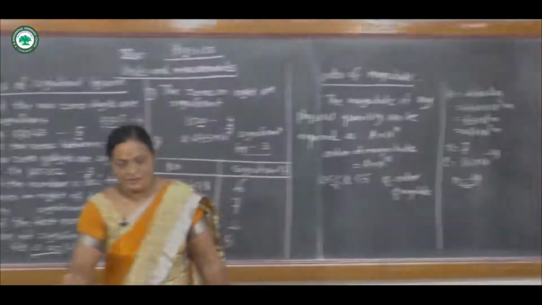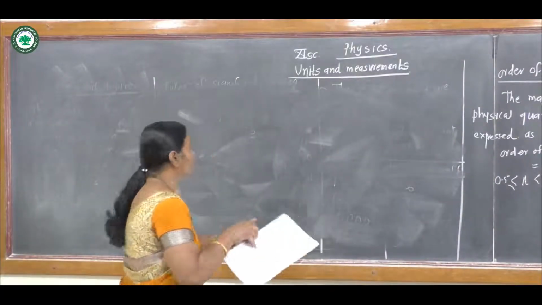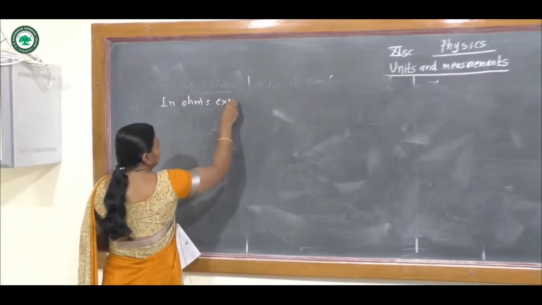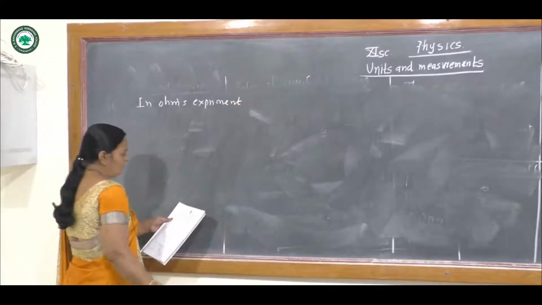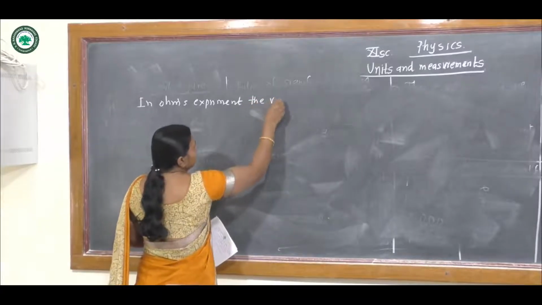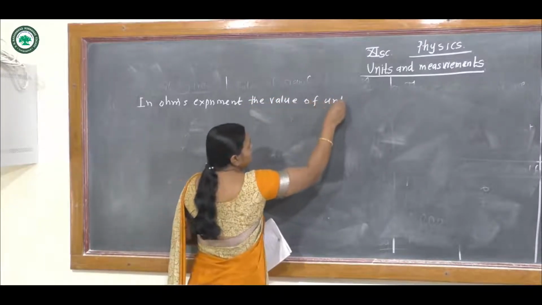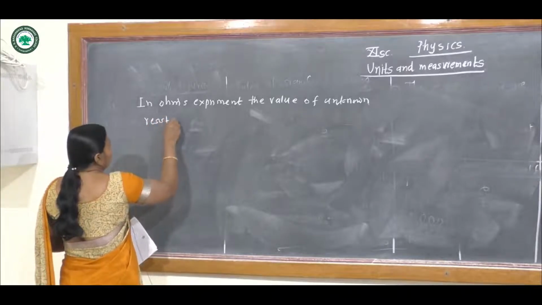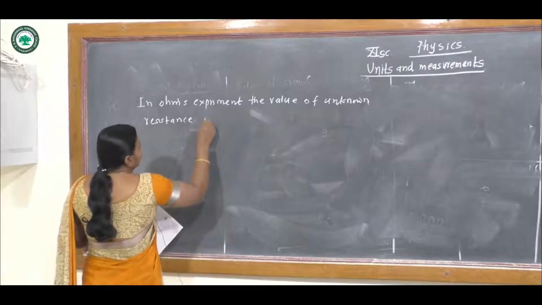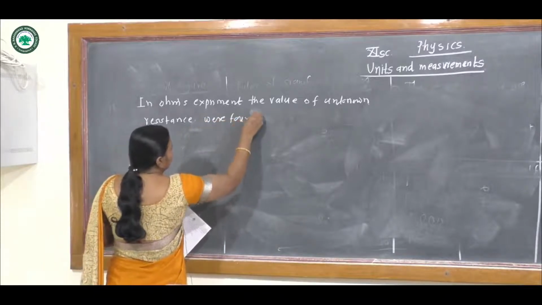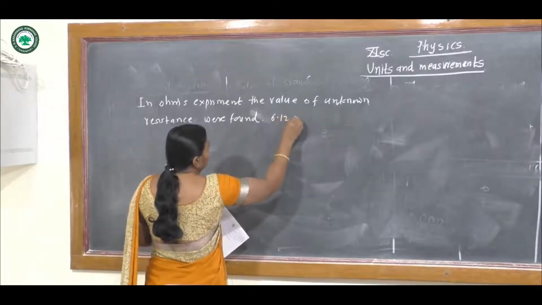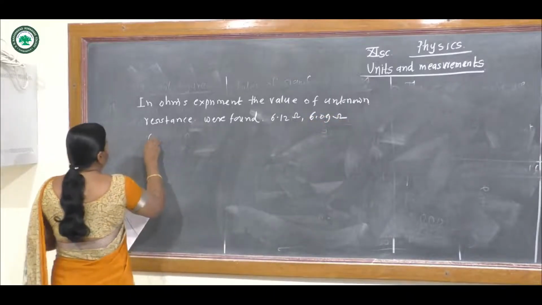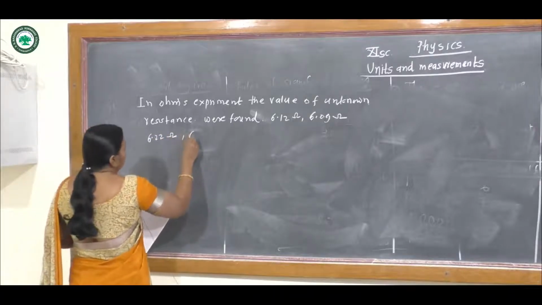We see some examples. In Ohm's experiment, the values of unknown resistance are 6.12 ohm, 6.09 ohm, 6.22 ohm, 6.15 ohm.